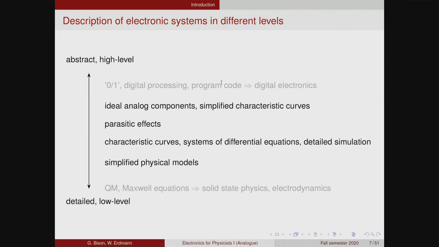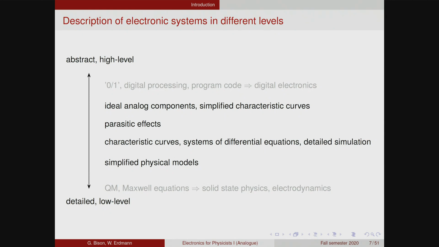So if we go one level more detailed, we can think about electronic components, and at first those will be ideal components without any defects, and simplified characteristic curves. Everything will be linear, and this is just to get us into the subject. And then we can consider parasitic effects, which means that we look at the deviation from the ideal behavior.